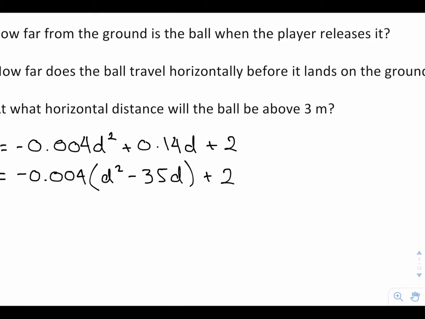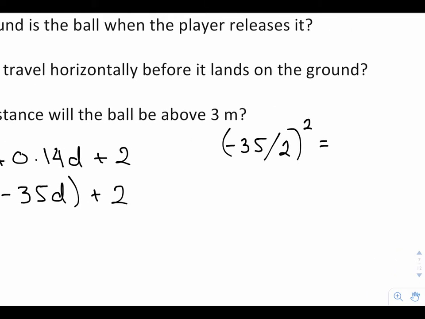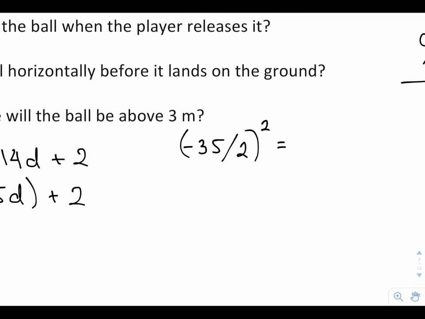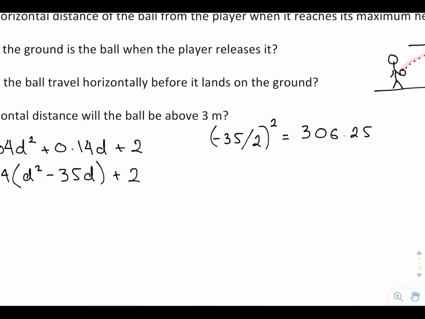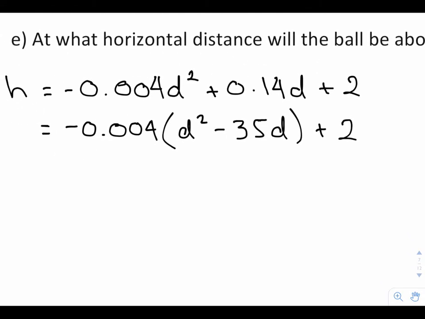And then off to the side, I take my b value, that negative 35, divide by 2, square the result, and I believe that gives me 306.25. Again, if you wonder where that number came from, I would recommend you plug it into your calculator and generate it yourself.